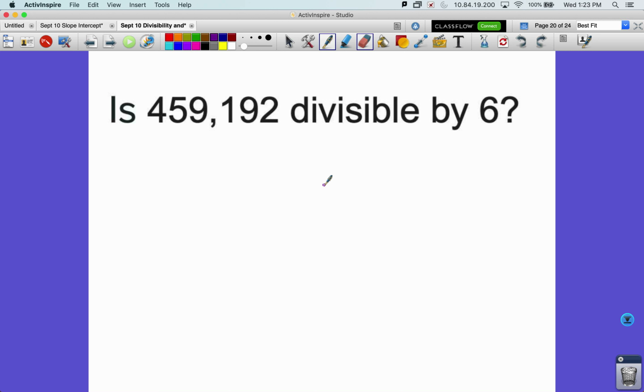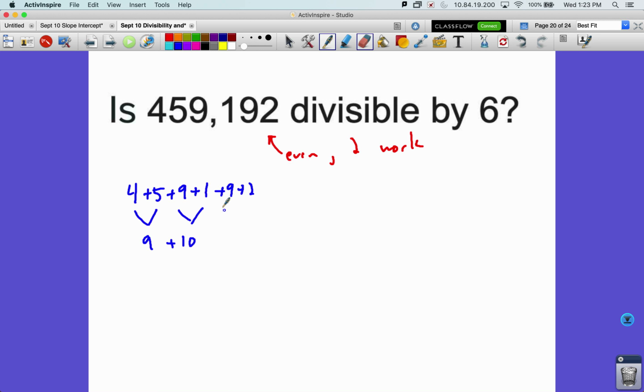So is 559,192 divisible by 6? So it's even. So 2 works. So we're halfway there. Now to figure out if it's divisible by 3, we got to add up the digits. This becomes a 9. This becomes a 10.